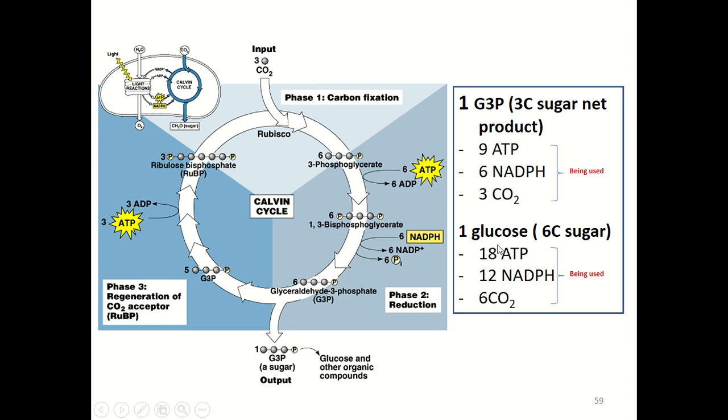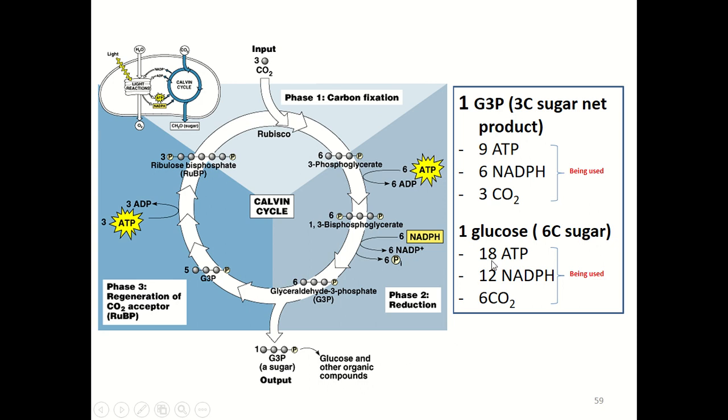And if we want to make glucose, in which glucose has 6 carbon molecules, therefore we have to multiply by 2 times, since this is 3 carbon, glucose is 6 carbon, so 2 complete Calvin cycles.